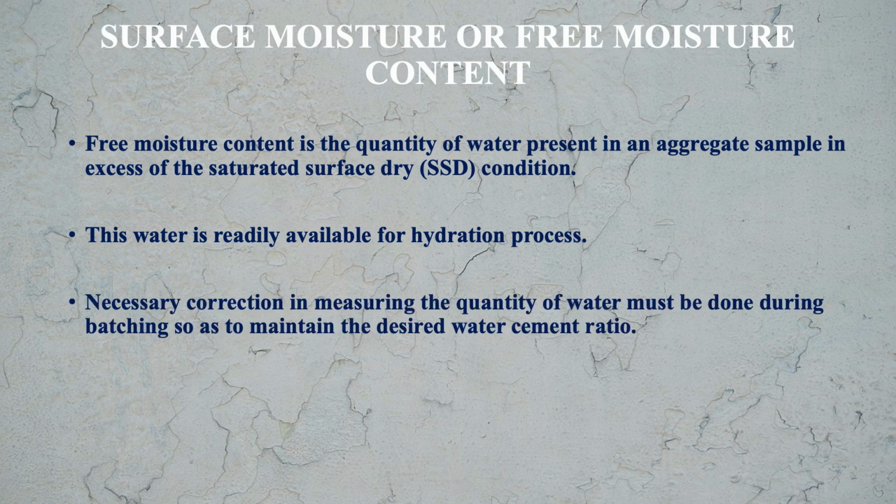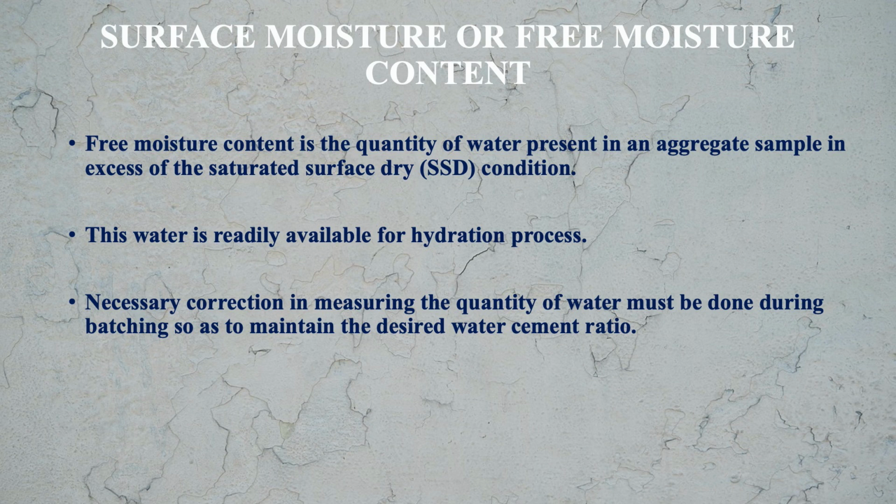So necessary correction in measuring the quantity of water must be done during batching so as to maintain the desired water cement ratio. Here, we have to be very careful for water cement ratio, measuring the amount of water, measuring the amount of cement. But here, since some water is available at the surface of the aggregate, it is also available for hydration reaction.